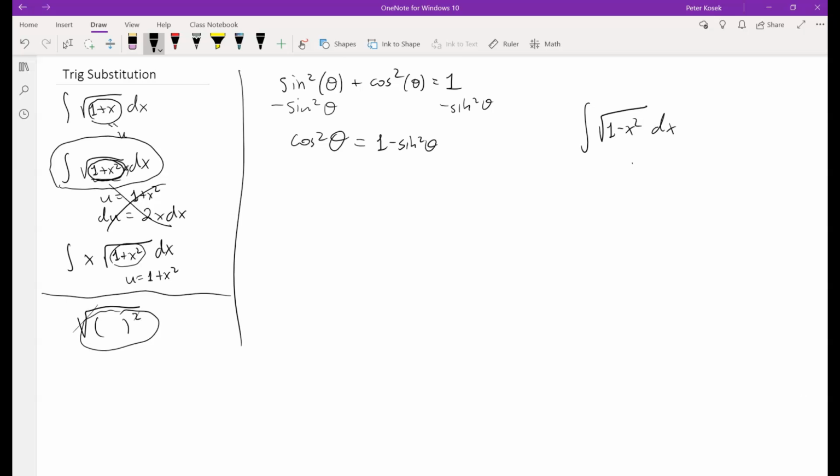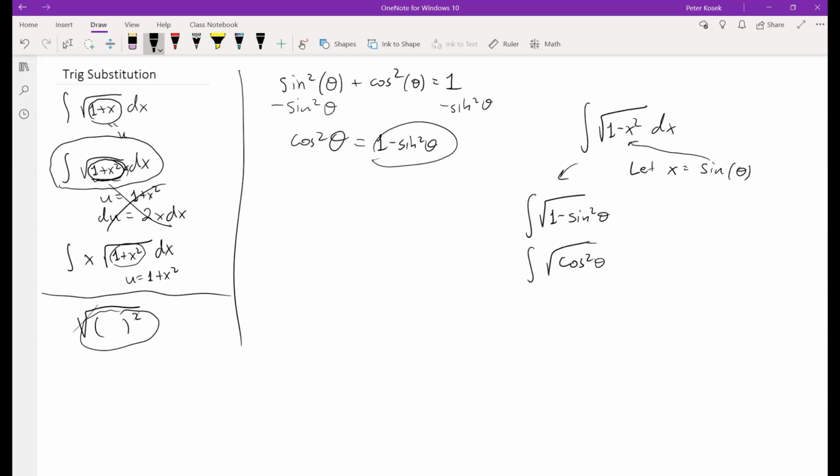Over here, if I let x equal sine theta, I can plug that in. I get the integral of the square root of 1 minus sine squared theta, but 1 minus sine squared is nothing more than cosine squared theta. As we said, we can cancel the square root with the square, so we have the integral of cosine theta.